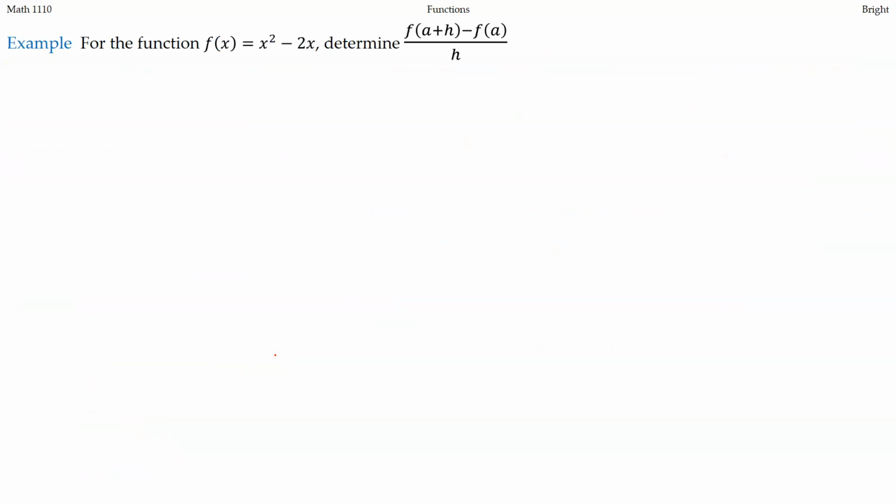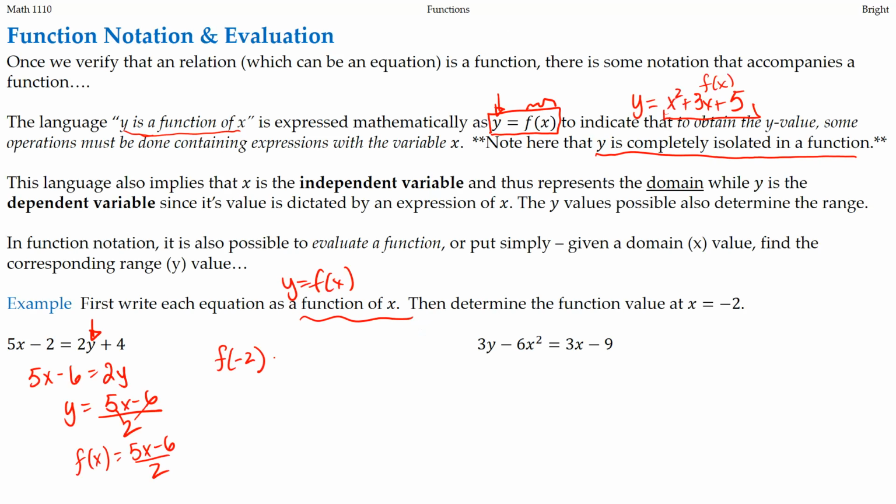So if I look back here, I am going to have 5, and then I'm just following this formula, so 5, and then I hit an x, so instead of x, I'm going to substitute in minus 2, and then minus 6, finish it off, and then over 2. So then, if I evaluate this, this is minus 16 over 2, which is minus 8. So I would say f of minus 2 is equal to minus 8.